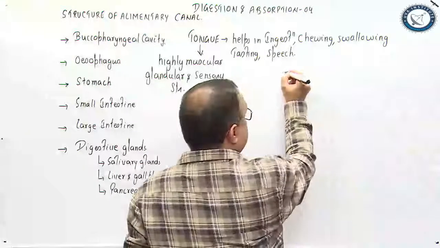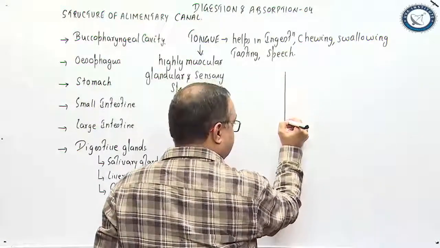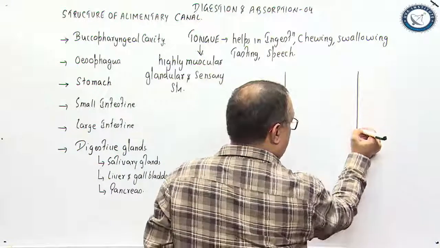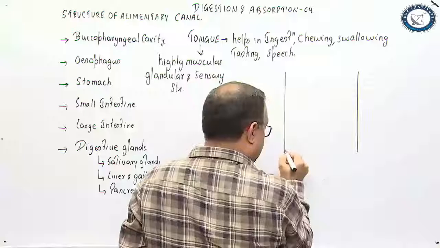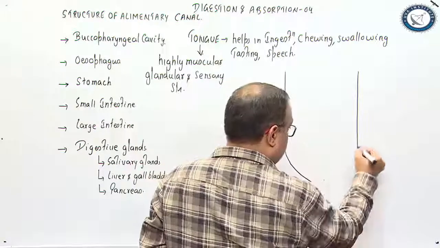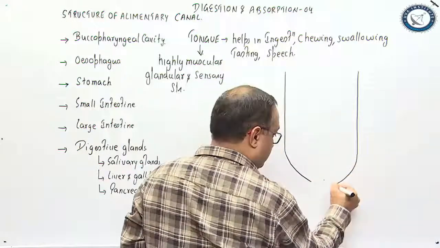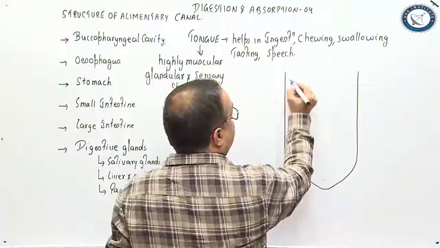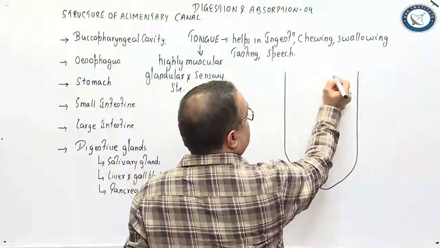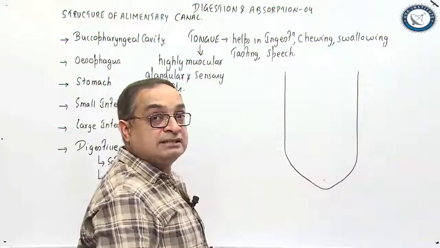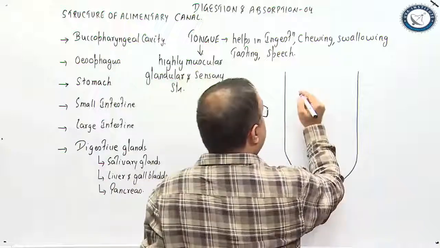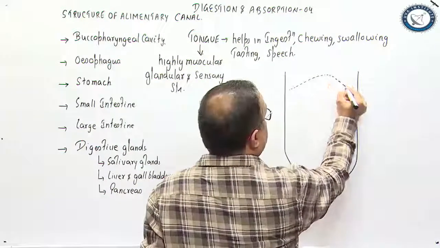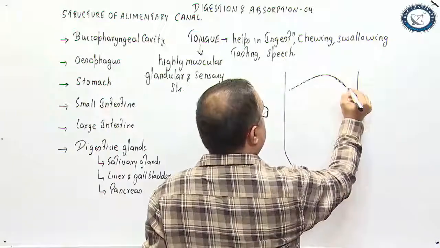Now, let's draw the structure of tongue. The anterior part of the tongue is the oral part and the posterior part is pharyngeal part. So a rough representation to understand the structure of tongue. There is a V-shaped structure here that's called Sulcus Terminalis that divides the tongue into anterior oral part and posterior pharyngeal part.